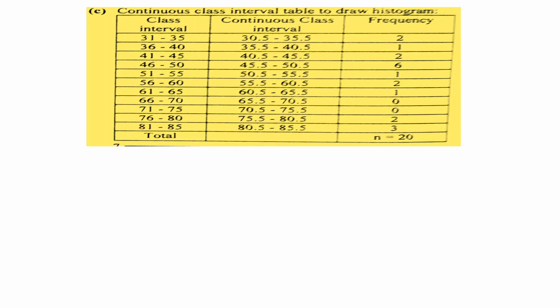Also the last class interval 81 to 85 will be 80.5 to 85.5, so that the maximum value of any class is equal to the minimum value of the next class.